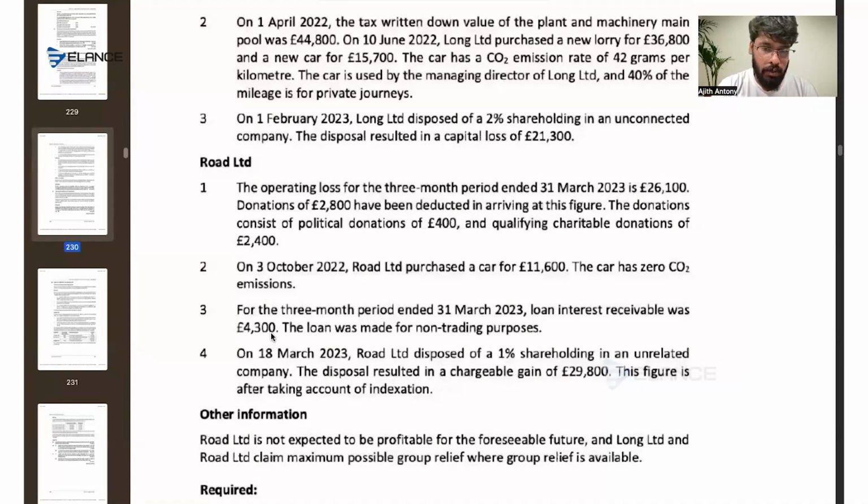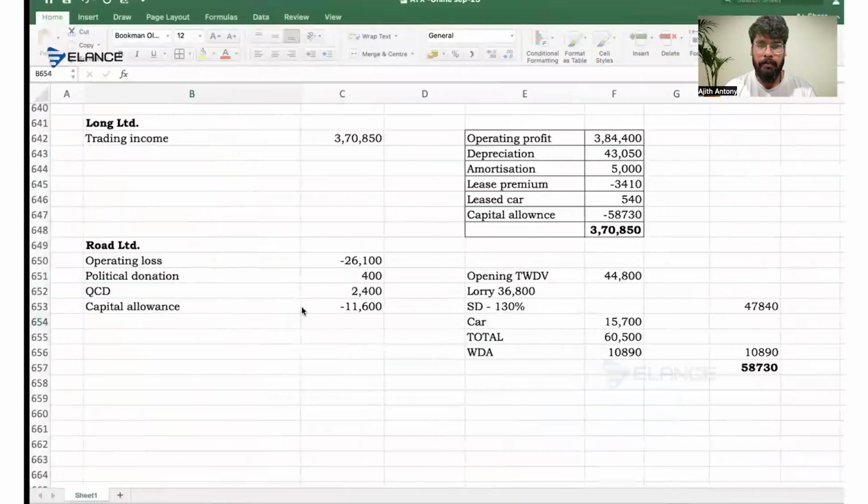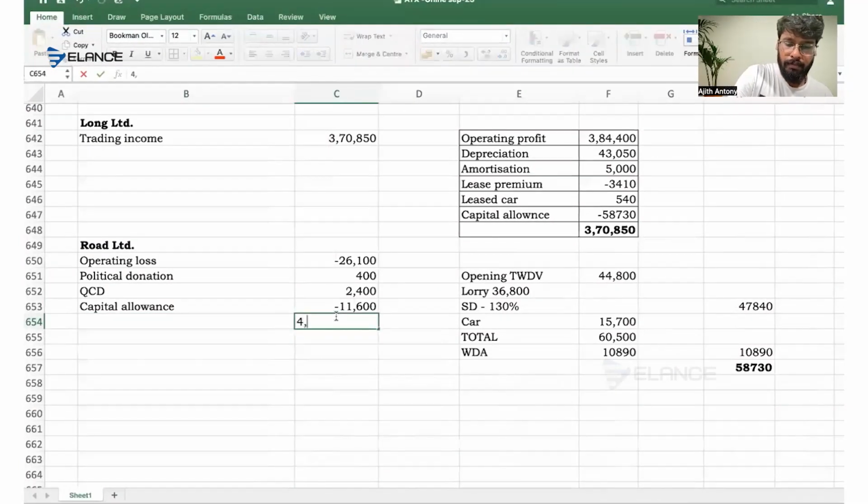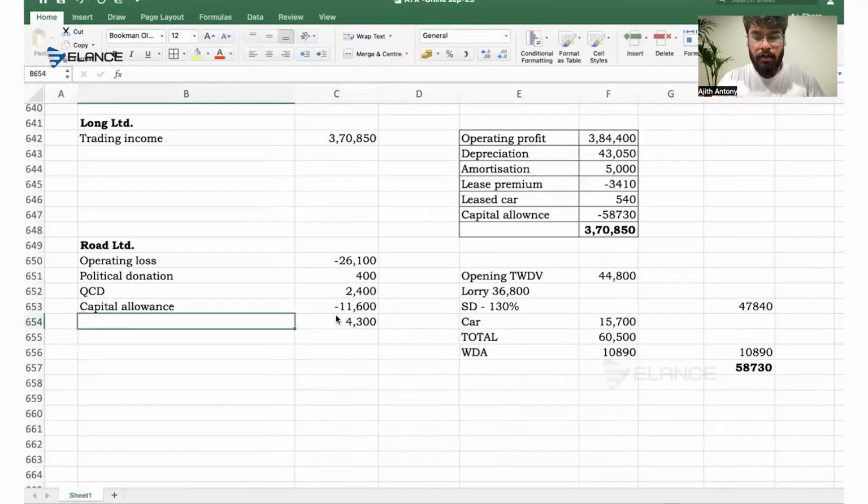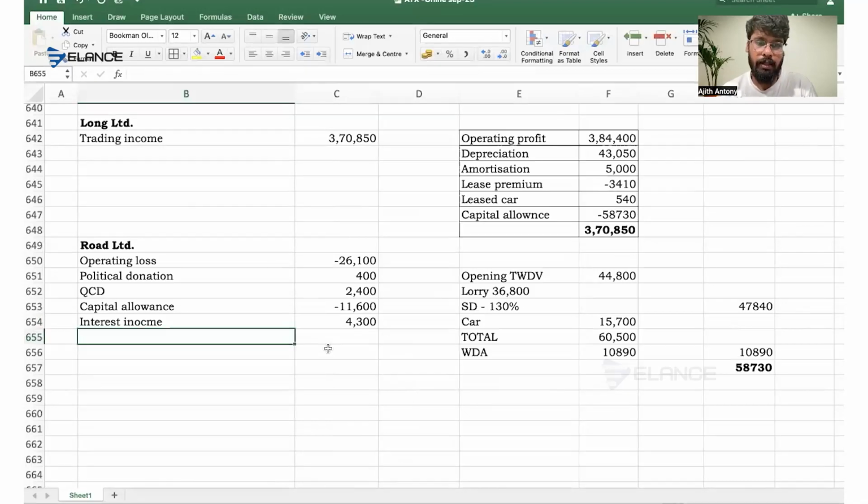Okay, the amount is 4,300 and it is the amount receivable, and this much amount we can add as an income. Okay, in the basic pro forma, 4,300 will be an income. Interest income of 4,300 is there.